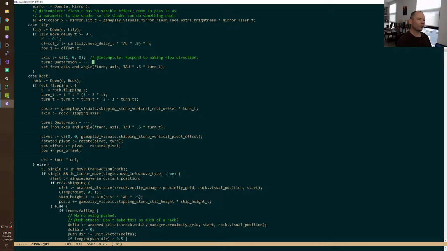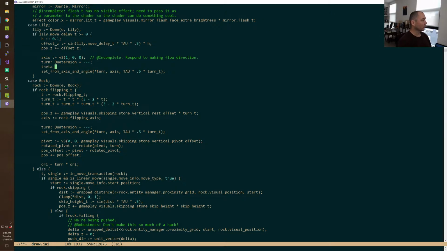I kind of want to do a tilt one way and the other way and back. And actually a good way to do that is to use sine of all the way around the circle. And then what's a small angle? Like that. So we're gonna sort of vibrate it, right?